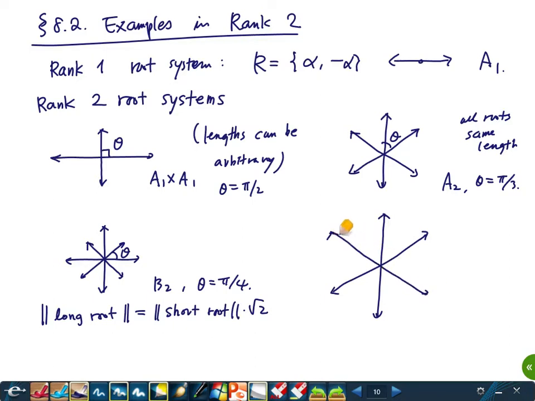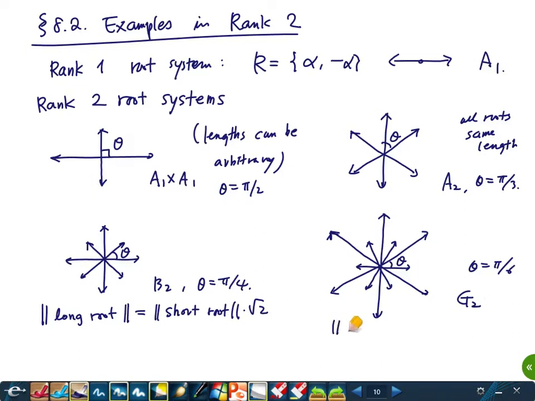And then, so kind of 2 copies of A2 with different length. So theta equals pi over 6, and this is denoted by G2, root system type G2.